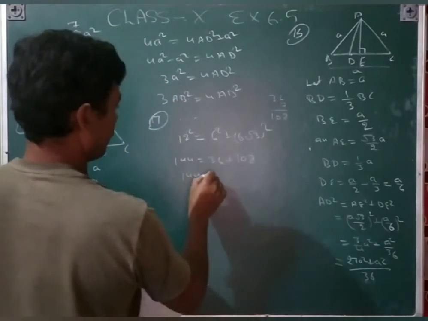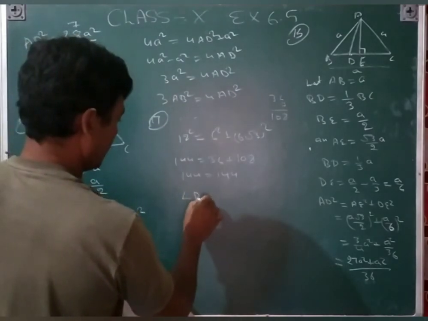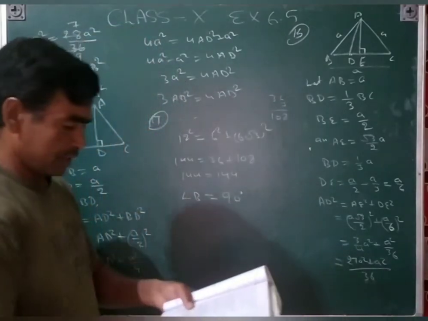So 144 is equal to 144. That is a Pythagoras triplet, so angle B is equal to 90 degrees. It means option C is right.